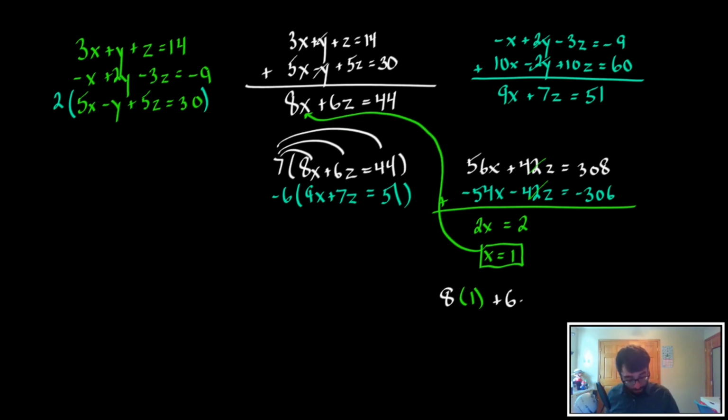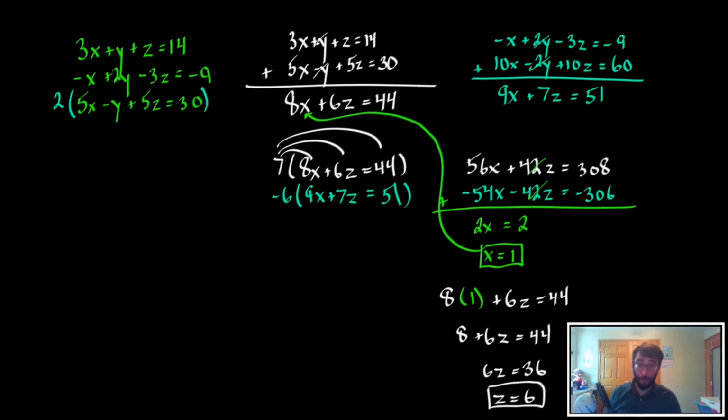Plus 6z is equal to 44, and now I'm going to end up getting 8 plus 6z is equal to 44, which gets me 6z is equal to 36, so z is equal to 6. So not too bad of a number. All right, so z is equal to 6.